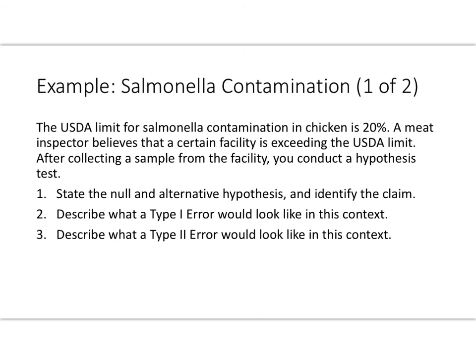Back one slide. Because we're looking at the contamination rate of chicken, this chicken would be a population, and we're saying that he believes that it exceeds the USDA's limit, so it's greater than the 20%. This means we will be having our claim written as our alternative hypothesis.